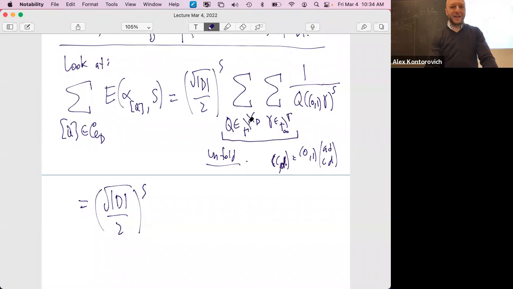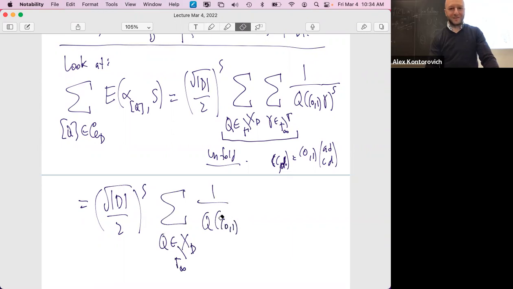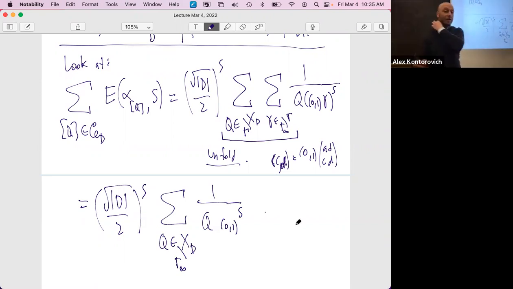Well, isn't that the same as summing over just all forms, except up to translation by gamma infinity, of 1 over Q just of (0, 1)? So are we saying it's sort of a bijection?